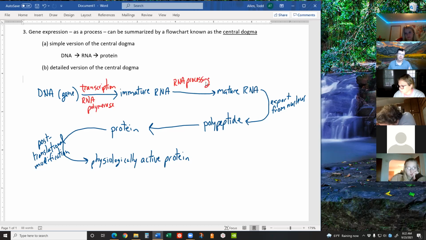But what I want you to appreciate is that RNA processing is alluded to in the bottom half of figure 3.27, right? Figure 3.27 is showing you the process of transcription, but it is also hinting at the RNA processing towards the bottom of that image.